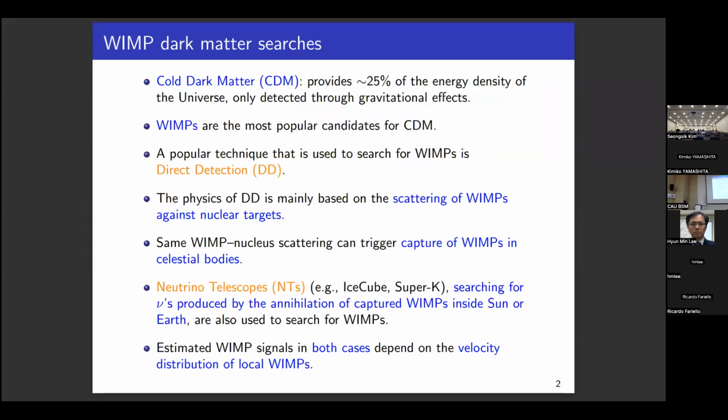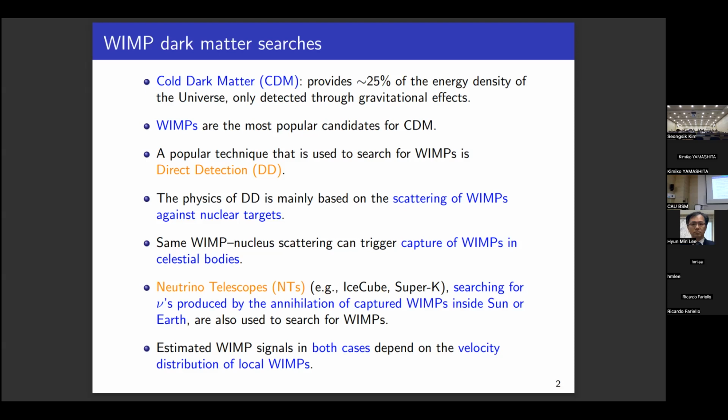As we know, cold dark matter is believed to provide 25% of the energy density of our universe, however, it has been detected so far only through gravitational effects. WIMPs are one of the most popular candidates for cold dark matter. A popular technique used to search for WIMPs is direct detection, whose physics is mainly based on scattering of WIMPs against nuclear targets.